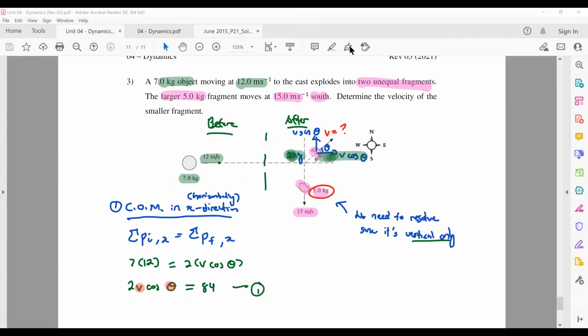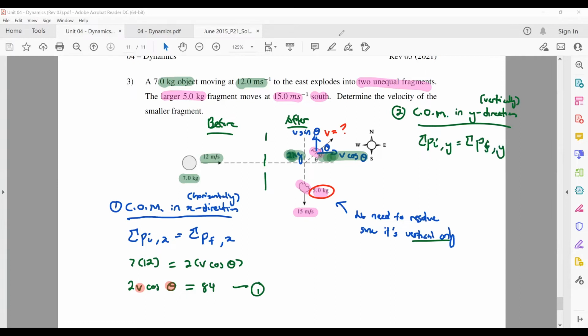So I'll write it at the top here, in green color. This time I consider conservation of momentum in the y direction, if I'm talking about it vertically.